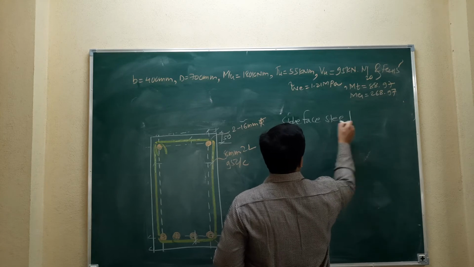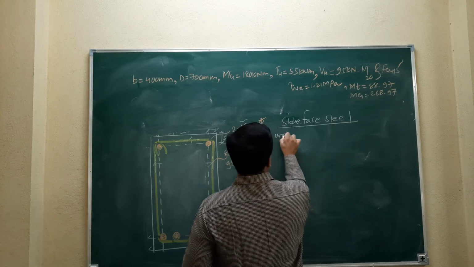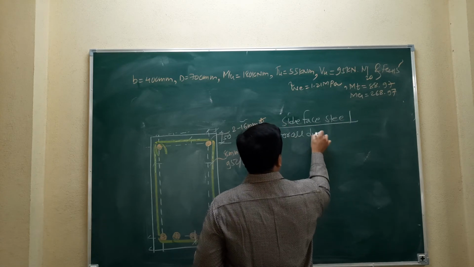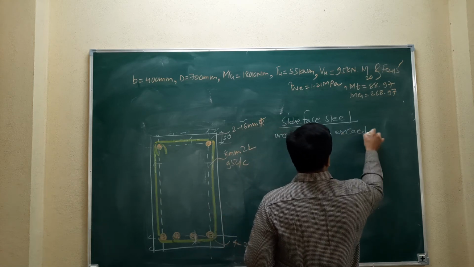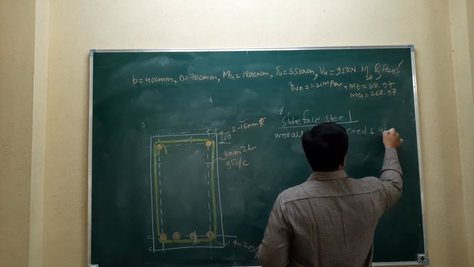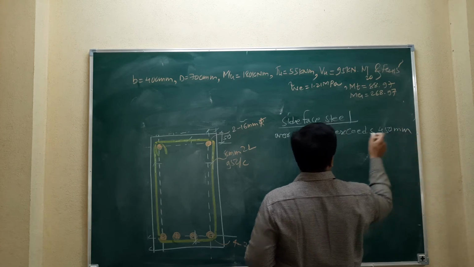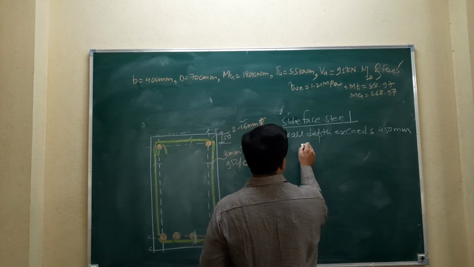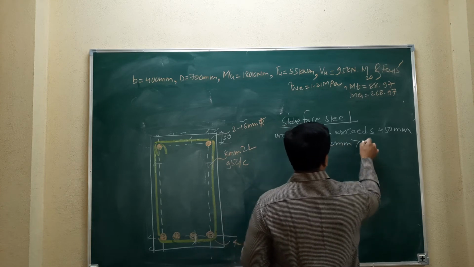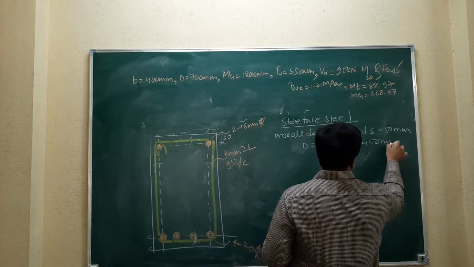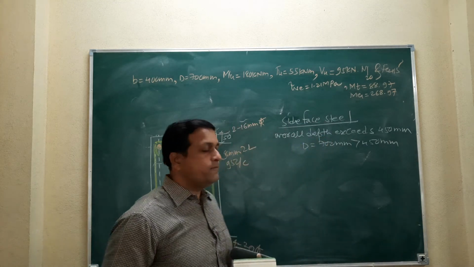If the overall depth exceeds 450 mm. That means the overall depth of the beam is 700 mm. It is more than 450 mm. So side face steel is required.